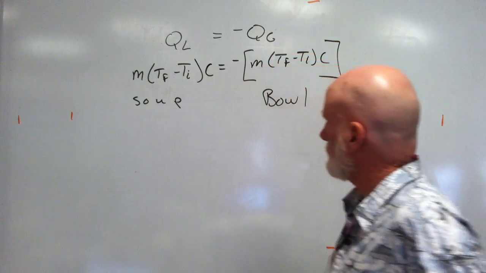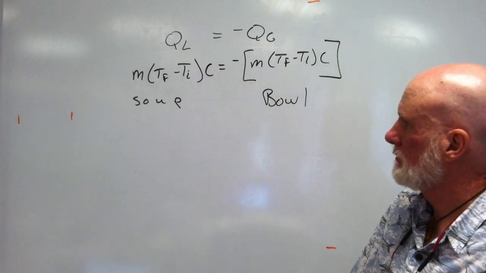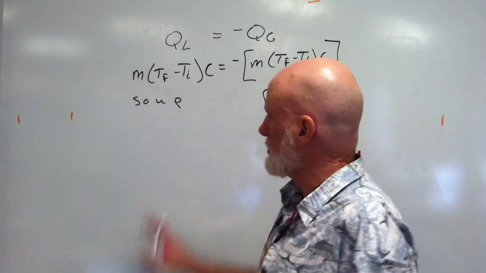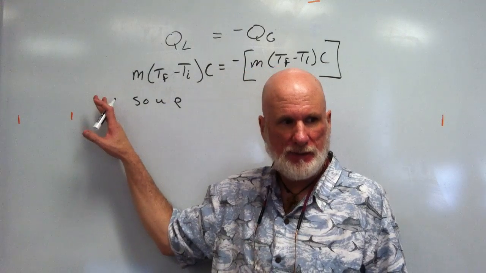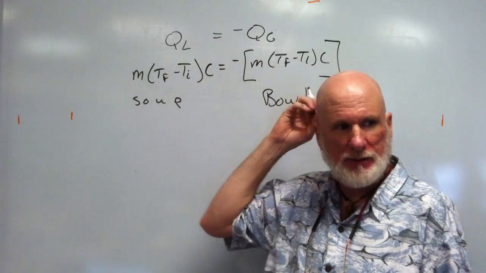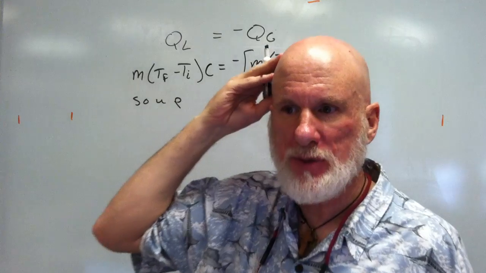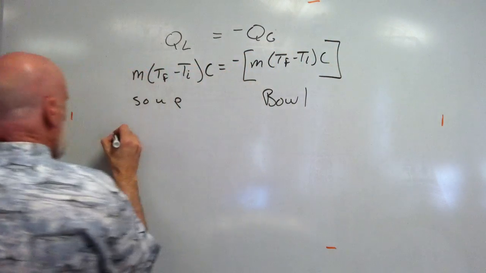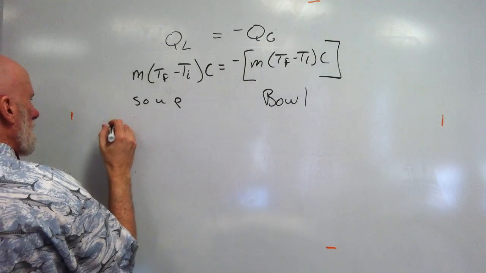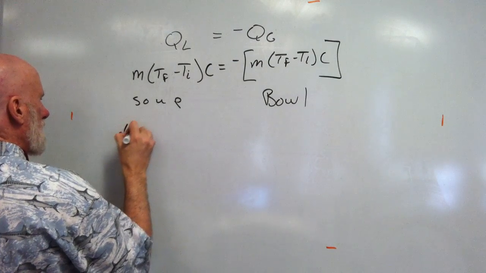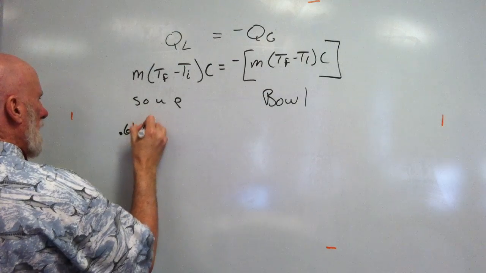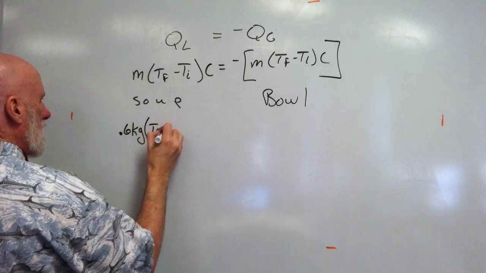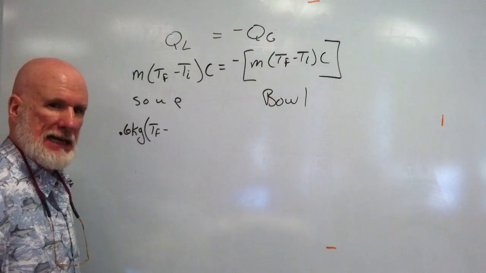Now, this is the bowl, this is the soup side, and this is the bowl side, right? What was the mass of the soup? Do you remember? 0.6 kilograms. So 0.6 kilograms, and then TF minus, was it 90 degrees?